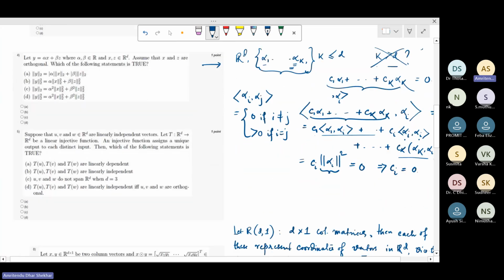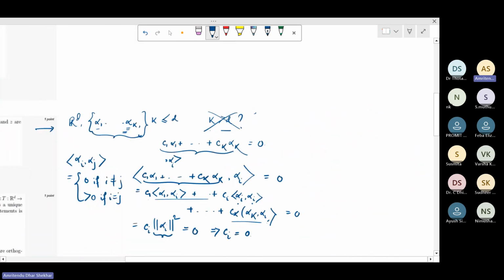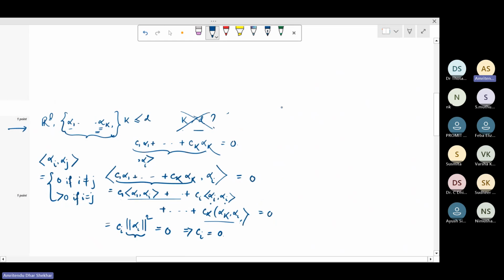Okay, so now if you have a collection of linearly independent vectors, and you form some vector alpha which is a linear combination of these vectors, and we ask you the norm of alpha squared, that is equal to the inner product of alpha with alpha.